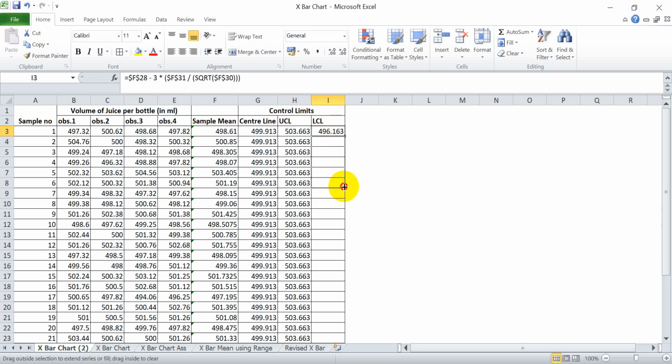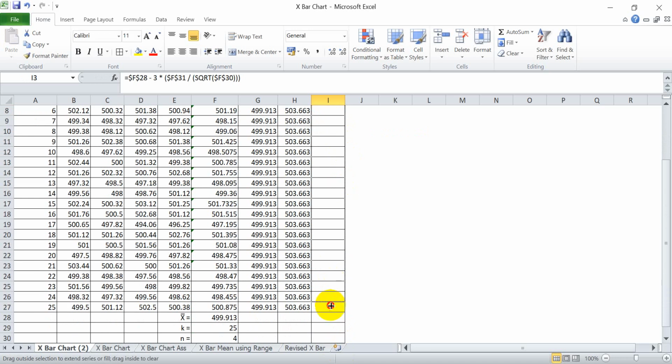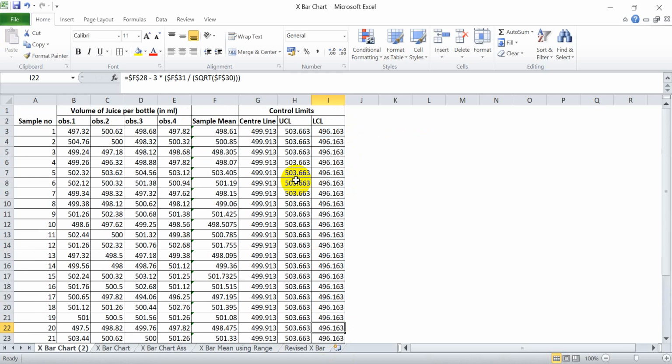Okay, our data is now prepared. Now for visualization, the main thing has already been done. From the observations and the samples we drew the sample means, and depending on the sample means we drew the control limits, that is the central line, upper control limit and lower control limit.